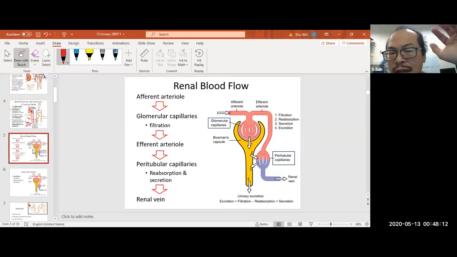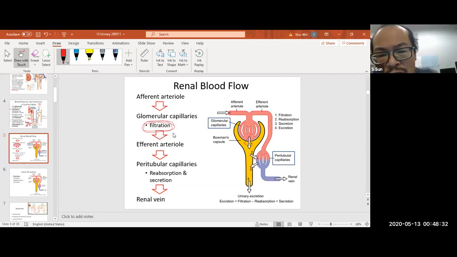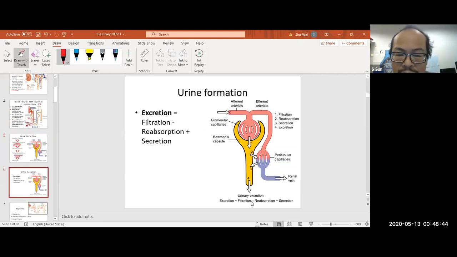One thing you need to know is that in the capillary, there is a procedure called exchange. In the glomerular capillary, this substance exchange produces filtration. Every small substance is filtered through. In the peritubule capillary, we have the reabsorption and the secretion, these two processes. And then everything else is going to be peed out.